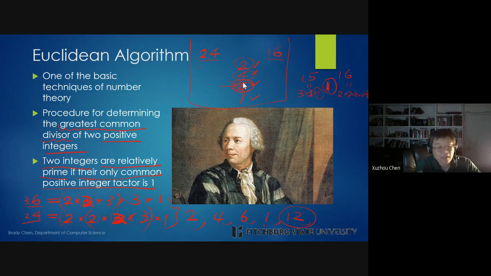So this is actually not an accident. You can say 2 can divide both, but 2 also divides 12. 4 can divide 12. 6 can divide 12. So the greatest common divisor can be divided by any of the common divisors.